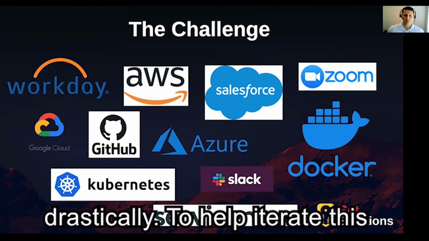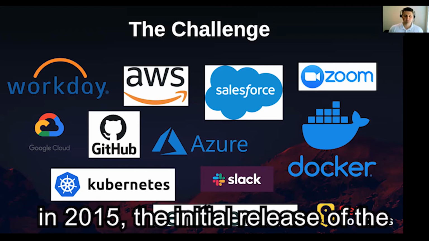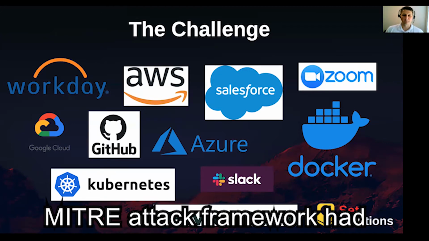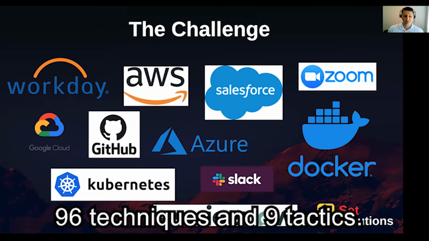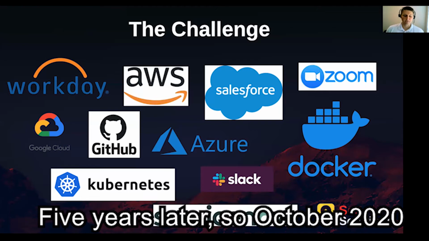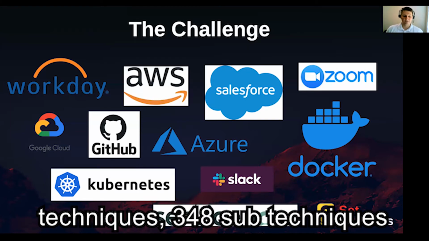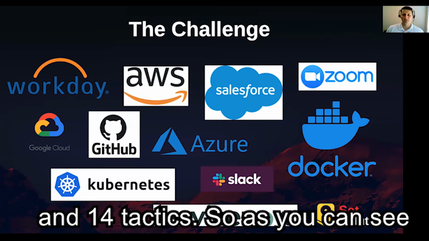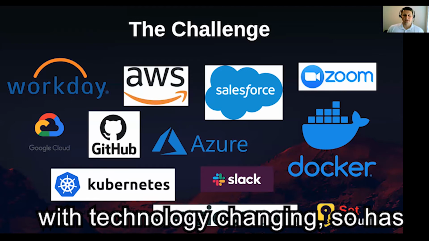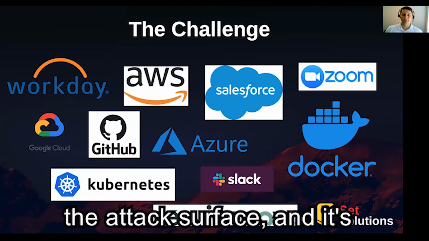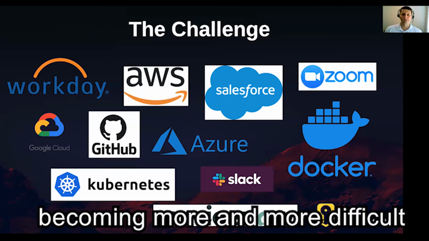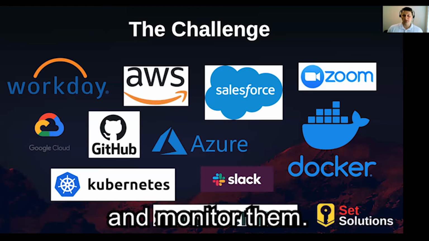To help illustrate this, in 2015, the initial release of the MITRE ATT&CK framework had 96 techniques and 9 tactics. 5 years later, in October 2020, the most recent release had 177 techniques, 348 sub-techniques, and 14 tactics. As you can see, with technology changing, so is the attack surface, and it's becoming more and more difficult for us to protect our environments and monitor them.